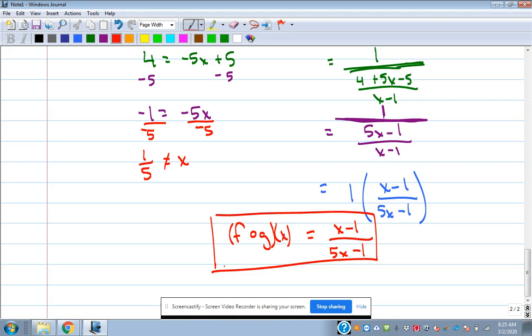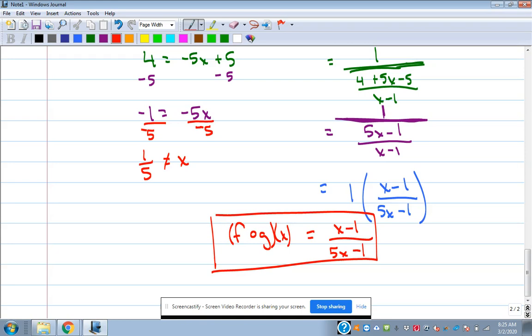if we just found the composite function and then found the domain, we would find that the only restriction would be the 1/5. We would lose that restriction of the x not equaling 1 because we didn't find the individual domains. This is why we need to find the individual domains first, okay?